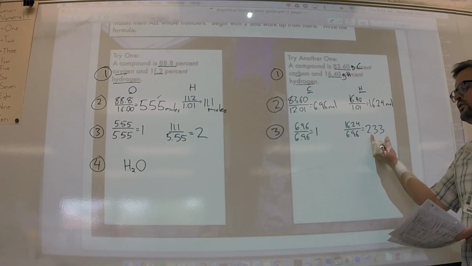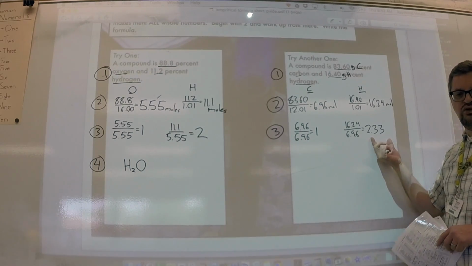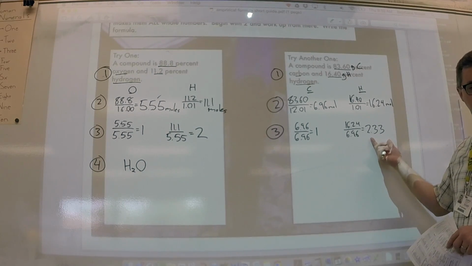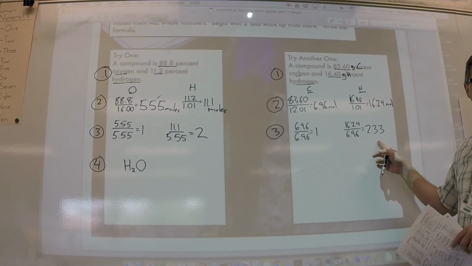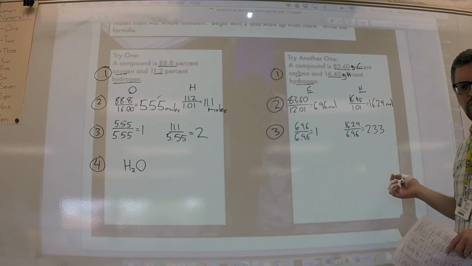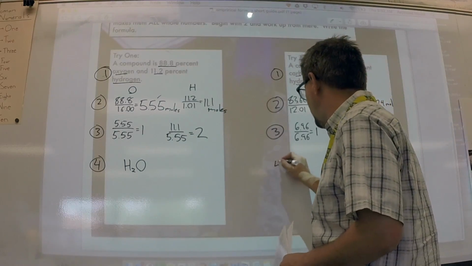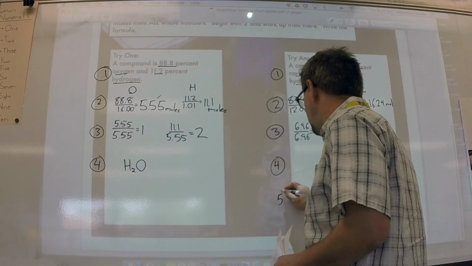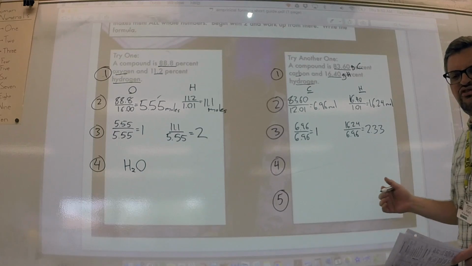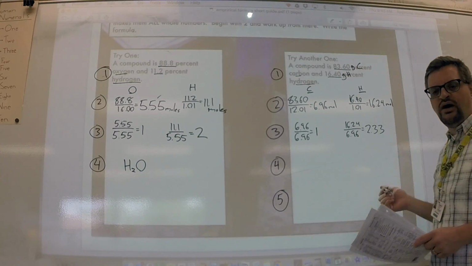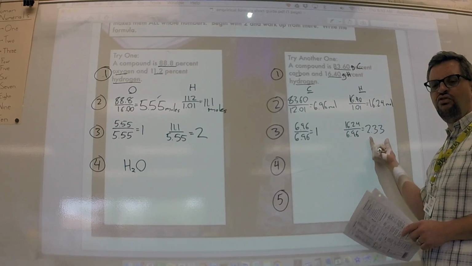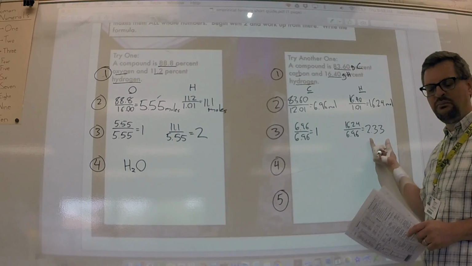Now the issue here is that this is not a whole number and it's not close enough to round. You can't simply round that to 2 to be your subscript. So in this problem, we have to do that step 5, if necessary. Here, step 5 is necessary because this is not a whole number.